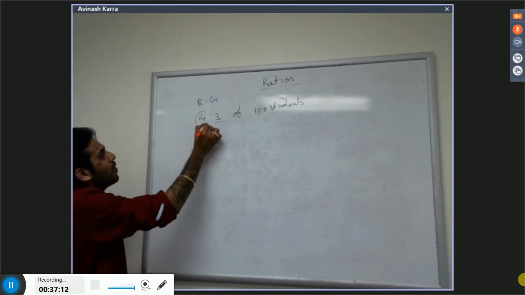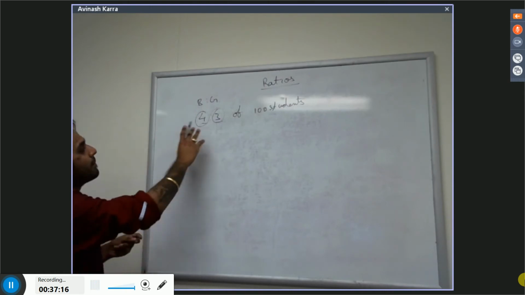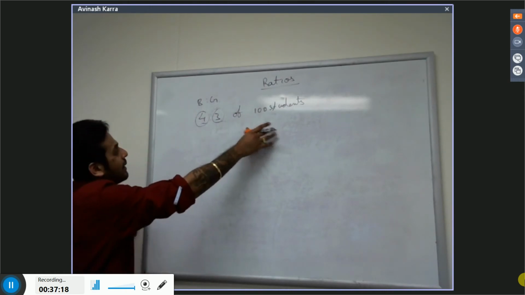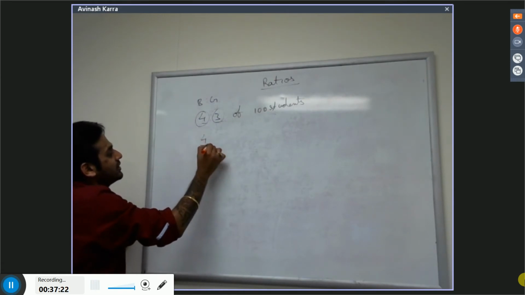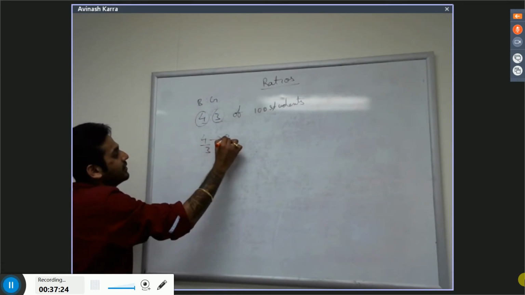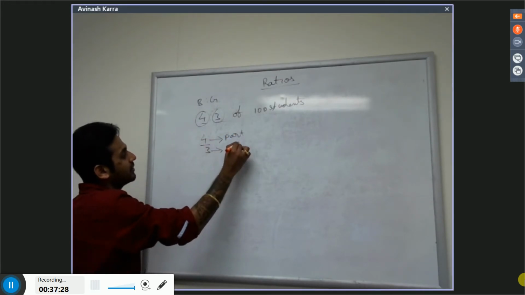Boys and girls are the same units and the same parts of the total. Here, 4 is a part and 3 is also a part.